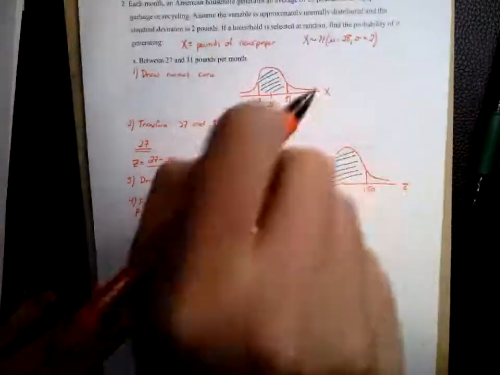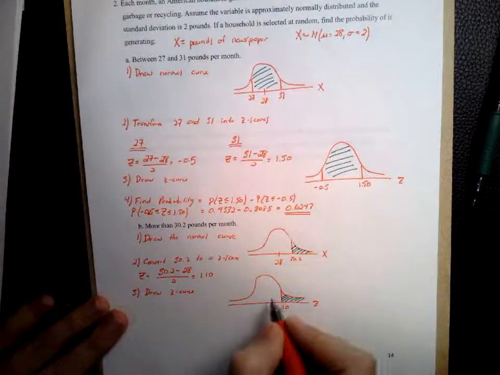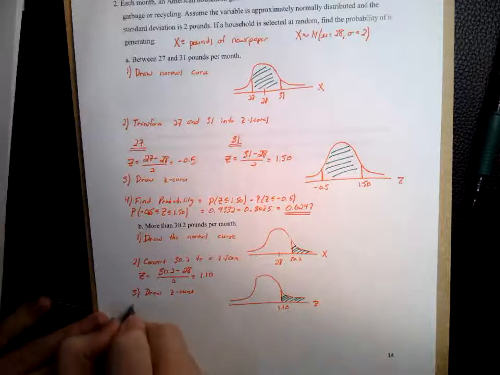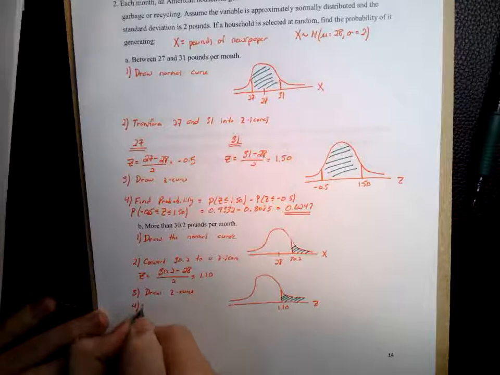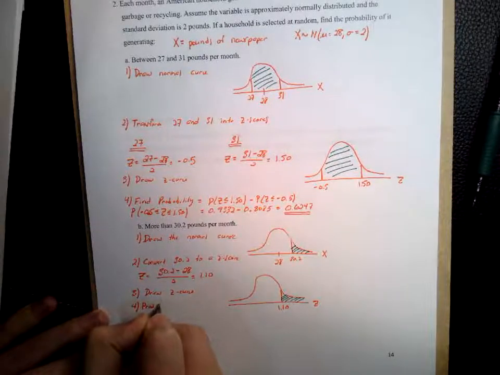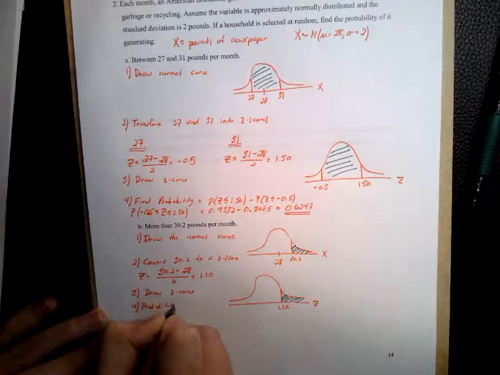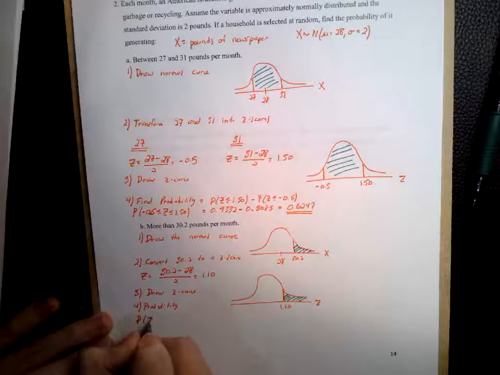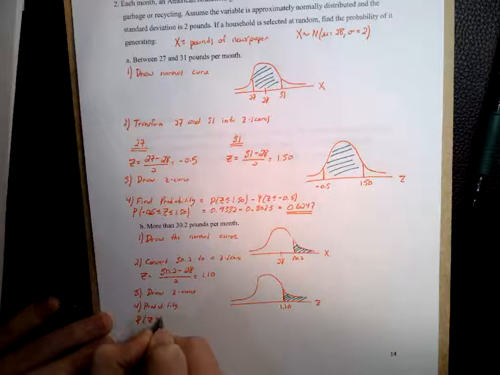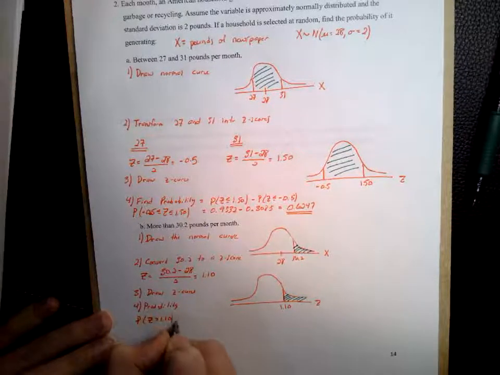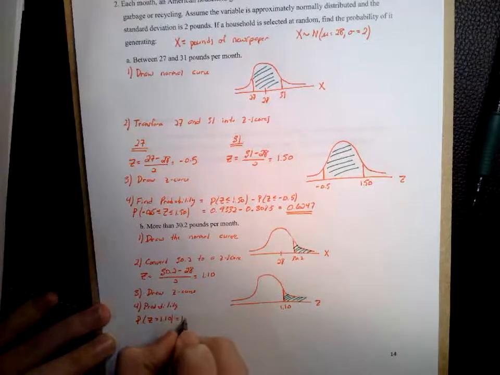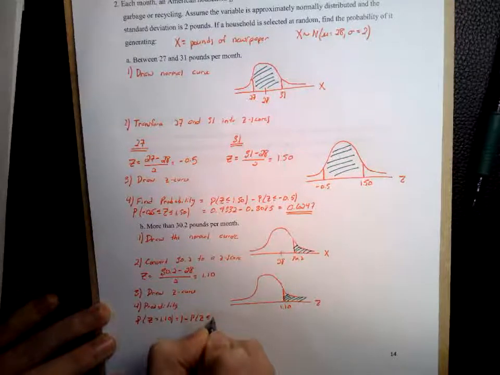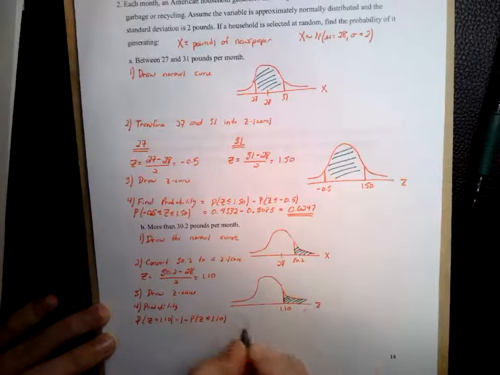And using that same idea as we did in section 6.1, if I want to find the area to the right, I just take 1 minus the area to the left. So then the probability of z being greater than 1.10 is equal to 1 minus the probability of z being less than or equal to 1.10.